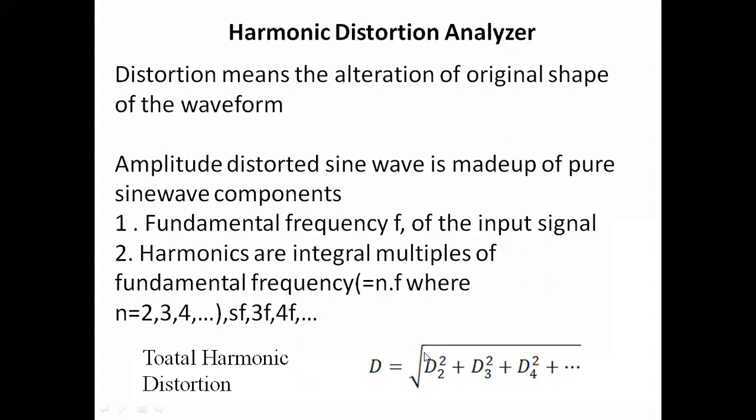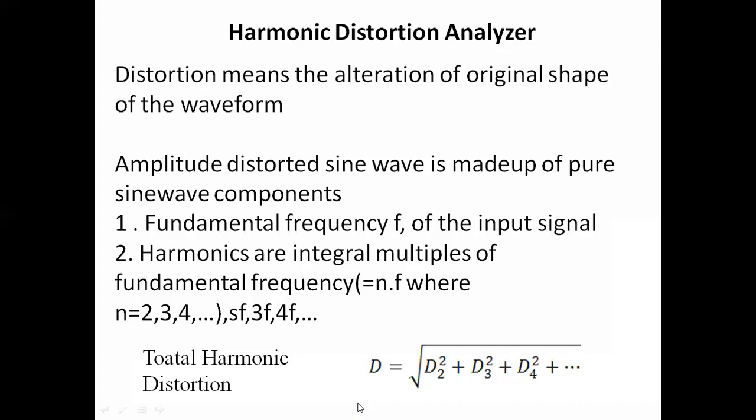The square root of the sum of the squares of the individual distortions of the harmonic signals gives the total harmonic distortion. Distortion analyzers give the overall distortion present in the waveform, not the individual distortion of each individual frequency component.